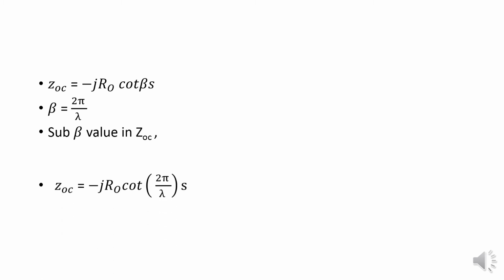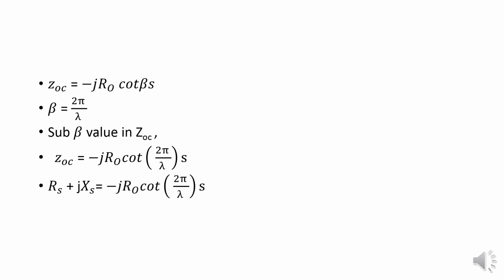So ZOC will be equal to minus J R0 cot beta S, where theta is replaced by beta S. Then we substitute the beta value, beta equals 2 pi divided by lambda. So ZOC will be equal to minus J R0 cot 2 pi divided by lambda into S.